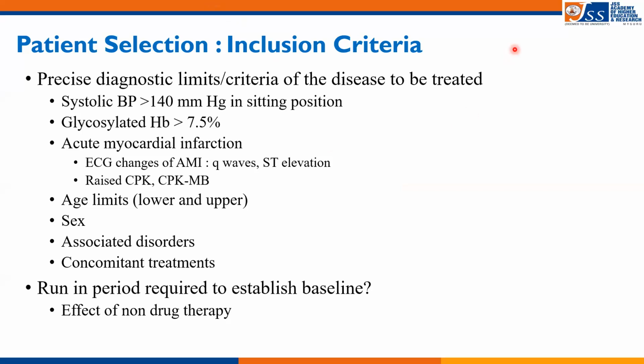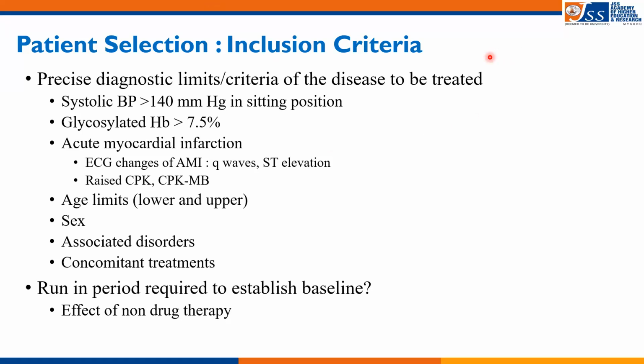Not everyone can be involved or enrolled into the study. There are two sets of criteria. One is called the inclusion criteria, which tells who could be enrolled into the study. The other is the exclusion criteria, which tells who should not be enrolled into the study.